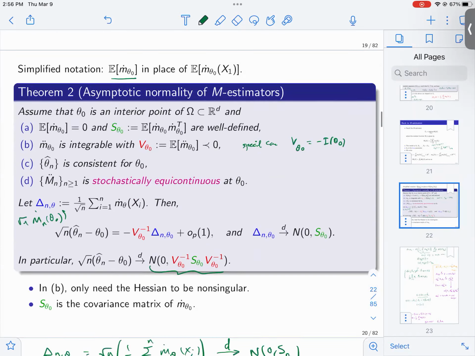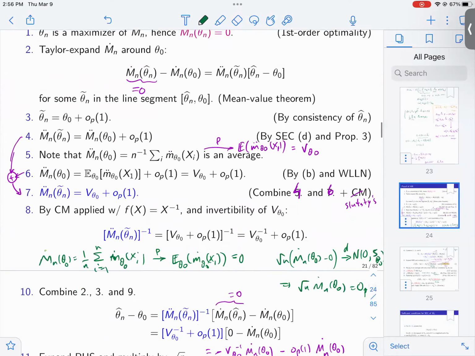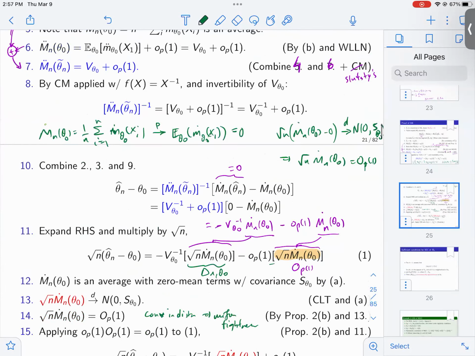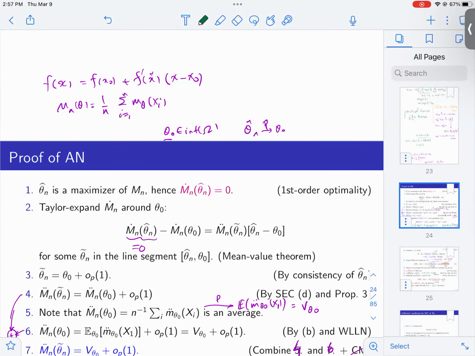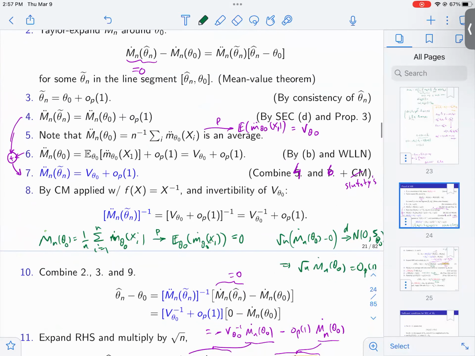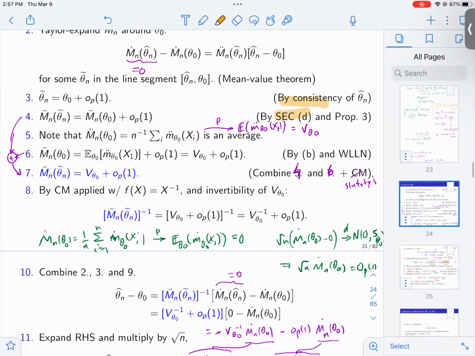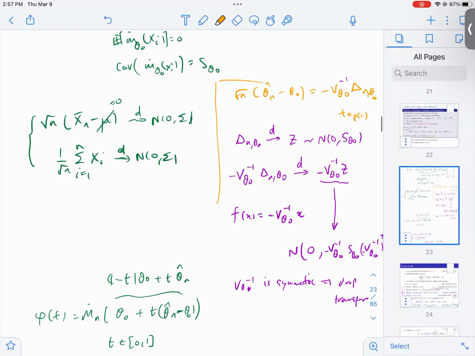So I encourage you to go through the proof and try to justify each step for yourself, or just try to do the Taylor expansion and argue for yourself the final result, to see exactly what pieces we use. I try to have the justification of every step here, just in case you want to make sure that you understand.